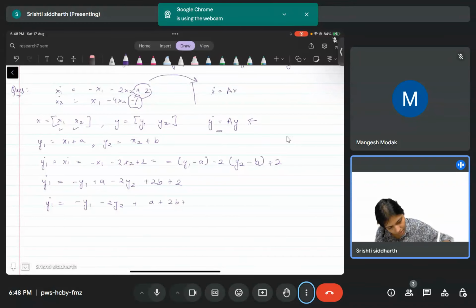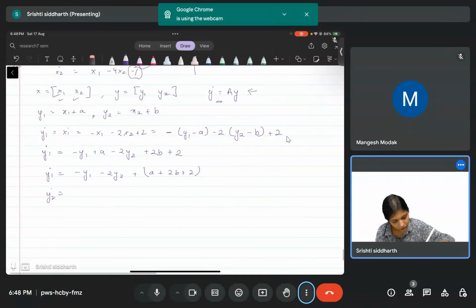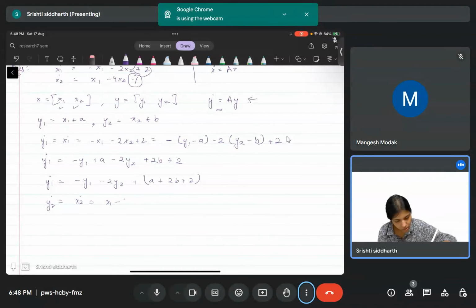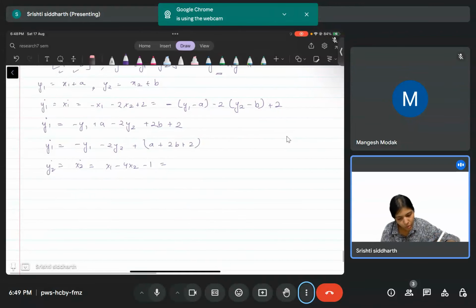Then we have some squares. Then we write down what y2 dot comes out to be. So y2 dot is x2 dot, which is nothing but x1 minus 4x2 minus 1. And we have to substitute this in terms of y1 and y2.